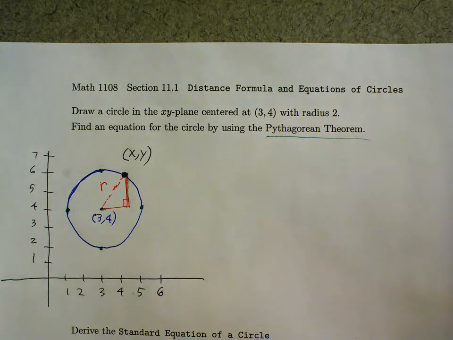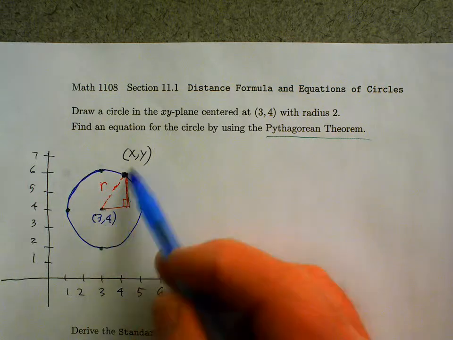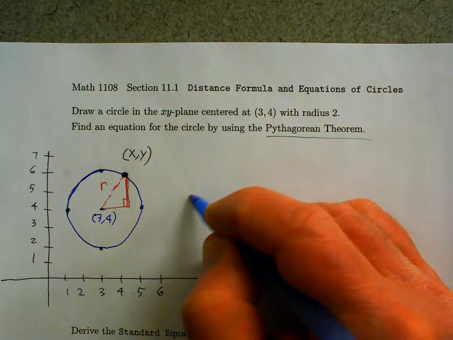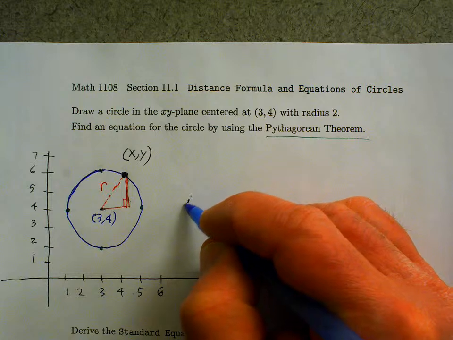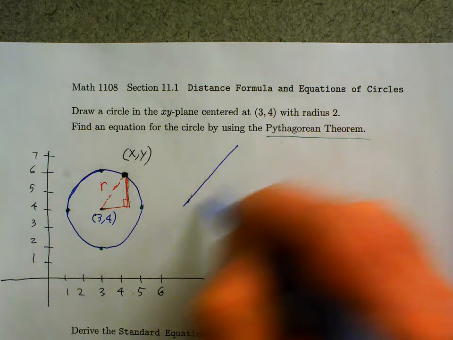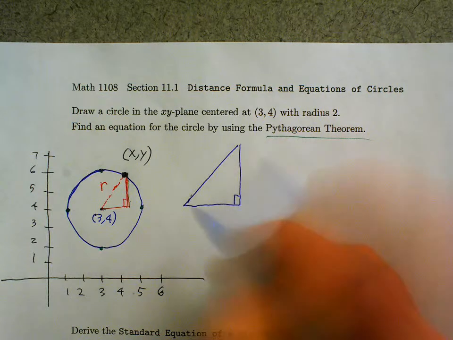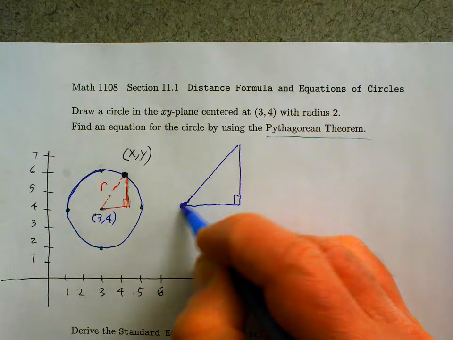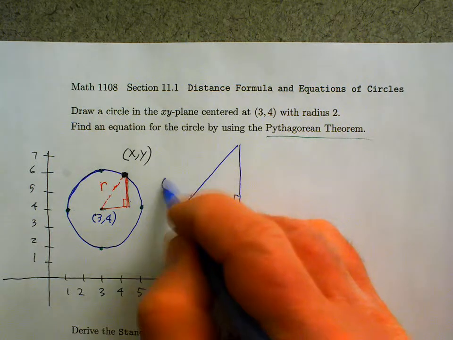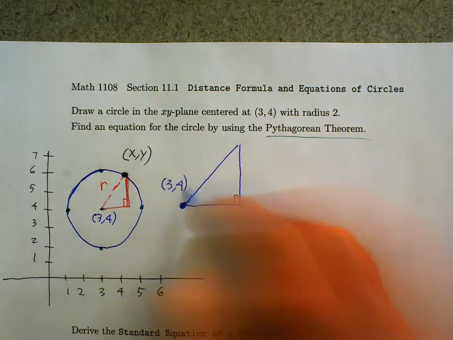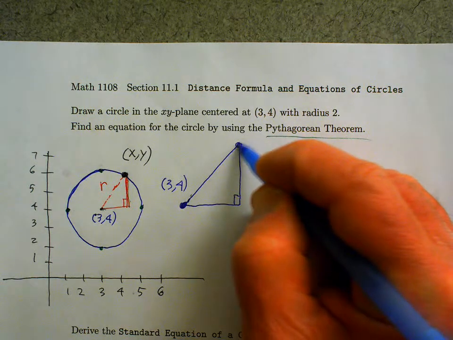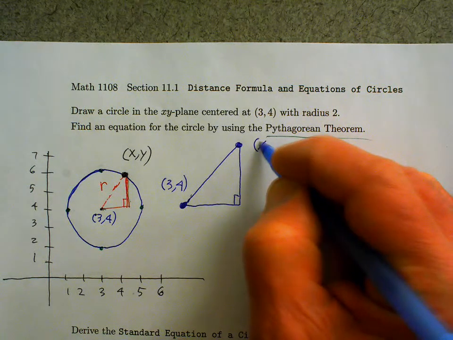So I'll redraw this right triangle so it's a little easier to see out here. So this point is the ordered pair 3, 4. And this point is the ordered pair xy.